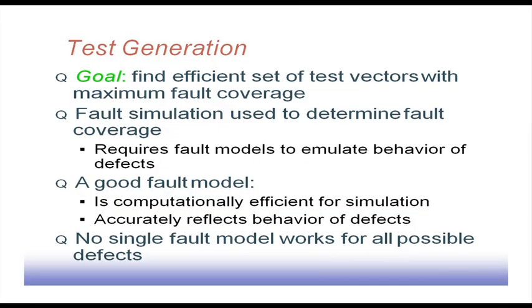For that purpose, certain techniques have been developed which are known as fault simulation. Fault simulation will try to see, for a given set of patterns, what faults this set of patterns can detect. That is the fault coverage. Naturally it will require fault models to emulate the behavior of defects. As I was telling, the physical defects are emulated by means of faults.